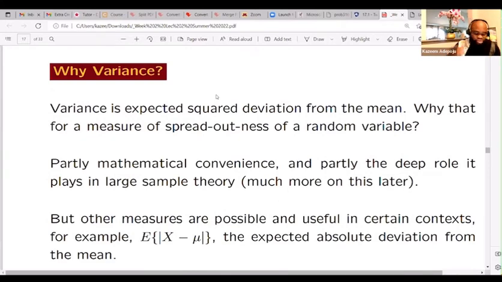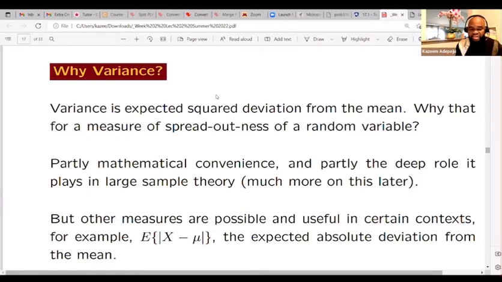I think I told you why we need the variance the other time, but let me tell you this. It is not the variance that we actually need; we need the standard deviation. Some of you may be wondering, what is the difference between variance and standard deviation? The variance is measured in square units, but the standard deviation is not.